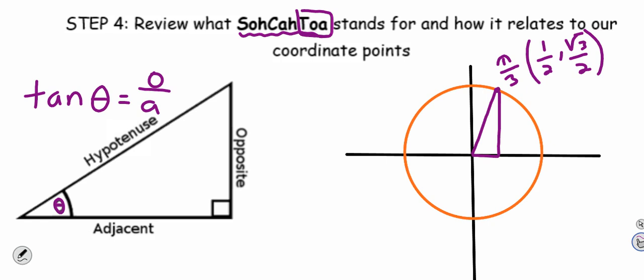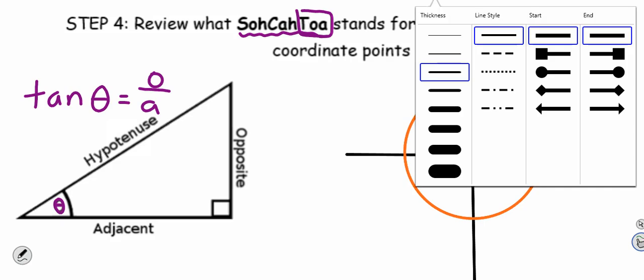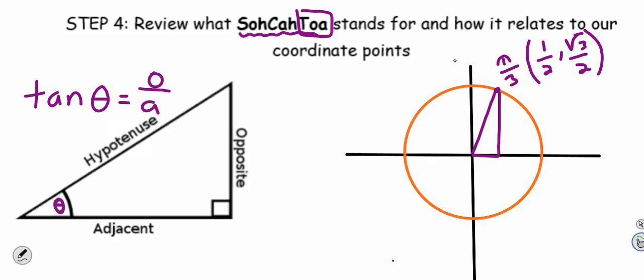And so this angle right here, this is my initial side. That's my terminal side. I'm going to undo that so I don't have too many things going on. All right, so we've got an angle here, and let's make it thin. Here's our angle. Our angle theta is pi over 3, okay? That's the measurement of this angle.